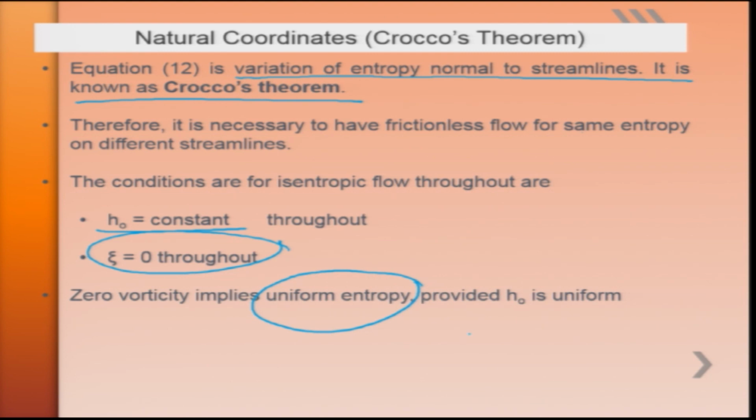That is, from one streamline to another, the entropy will be constant only when h naught is constant and the vorticity is 0 throughout the flow field. This is a famous consequence of Crocco's theorem, very useful in gas dynamics. Thank you very much.